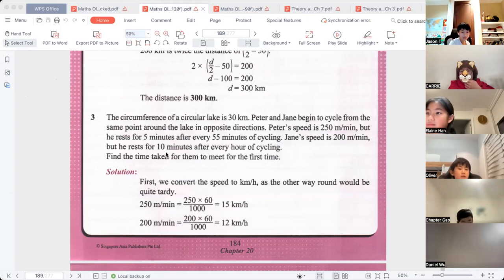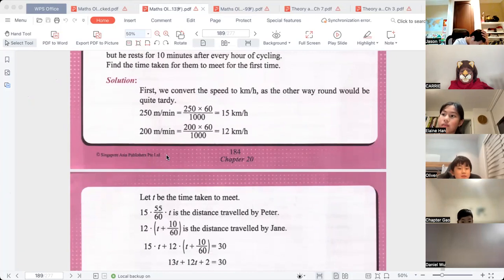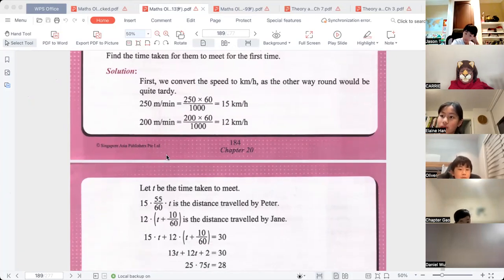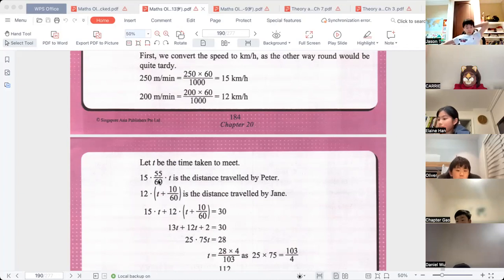Okay, so we understood, right? It's 15 and 12 kilometers per hour. So let T be the time taken to meet. 15 times 55 over 60 times T, because he only cycles 55 minutes each time, and 15 is the speed.